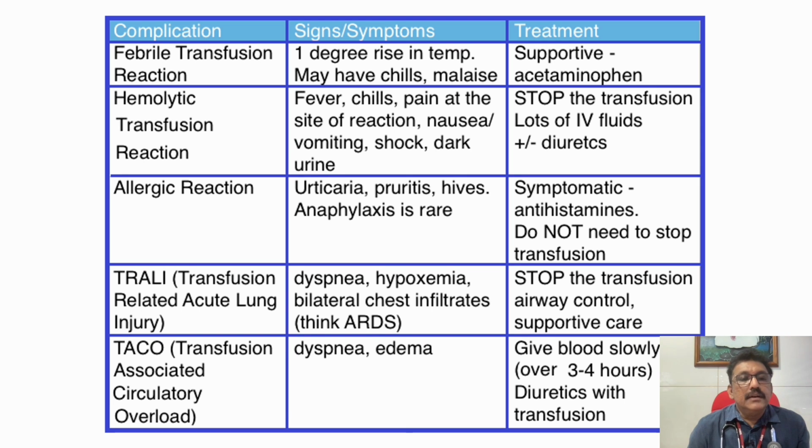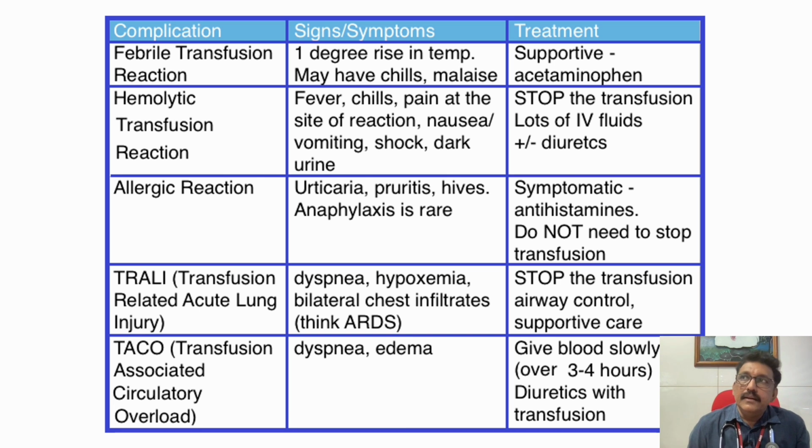The close differential diagnosis for TRALI is TACO, that is transfusion associated circulatory overload. Here we have to give Lasix as a pre-treatment regime, and even if the patient develops fluid overload, again treatment is Lasix and NIV. But TRALI should be treated as ARDS. That is very, very important.